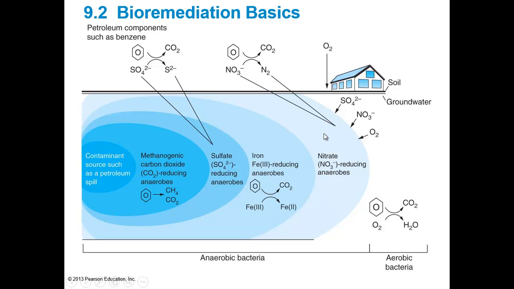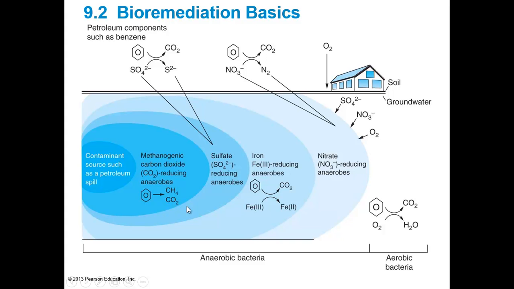So nitrate reducing anaerobes are found in this zone. After nitrate is depleted, then the next zone would be iron reducing. And iron is reduced from iron 3 to iron 2 by anaerobic bacteria. After all the iron is reduced, then in the next adjacent zone you would have sulfate-reducing organisms.